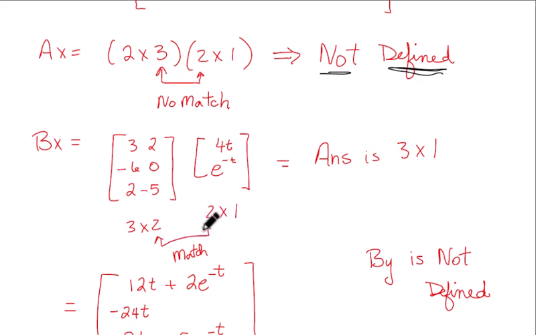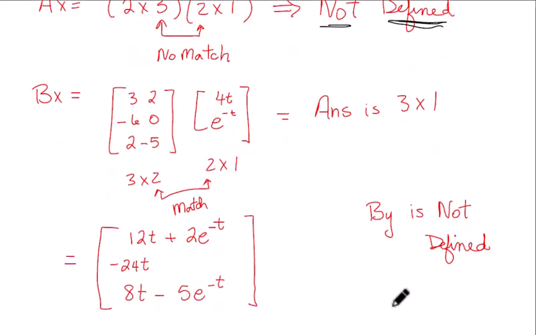Insides do match, and so the answer will be 3 by 1. So first row, first column. Second row, first column. Third row, first column. And BY, the sizes don't work out, so it's not defined.